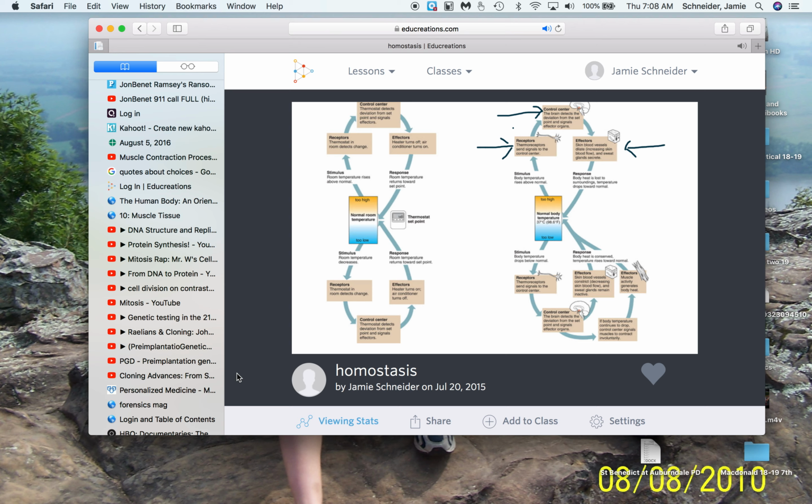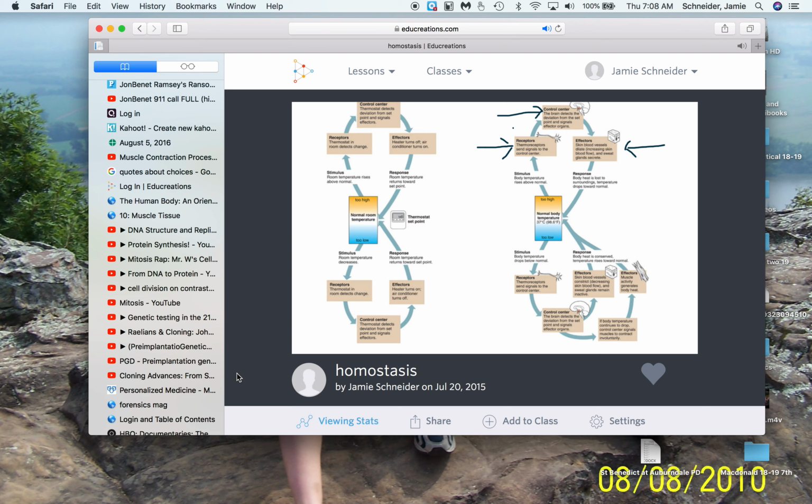Okay, when I come to the control center, think about a mechanism such as shown over on the left side, a thermostat. The control center is actually the thermostat itself. It has a set point in there that tells it I have to react to a certain temperature level.